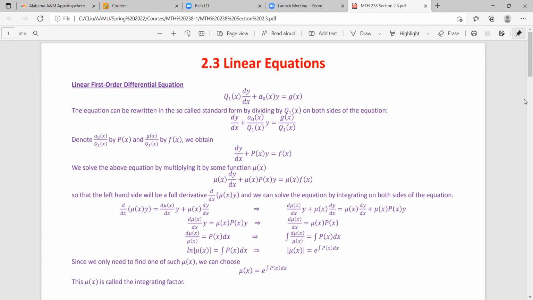You cannot make it a full derivative without multiplying by mu, in other words. It has to be some function times y prime plus the derivative of that function times y. So that's why we need some function mu.